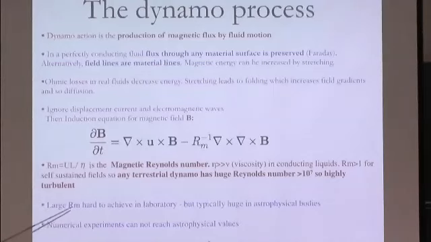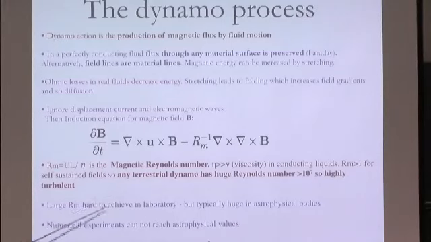It's very hard to get large values of Rm in the laboratory. So a cubic meter of mercury moving at 1 meter per second has a magnetic Reynolds number of about 1. There are not very many cubic meters of mercury about, let alone liquid sodium, which is easier to deal with, but hot and potentially reactive.